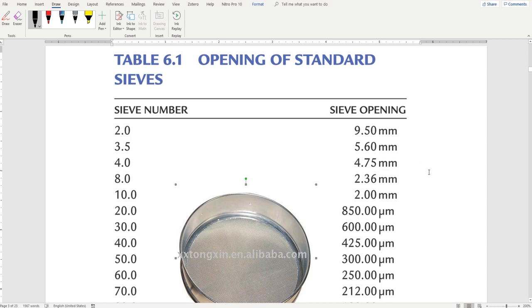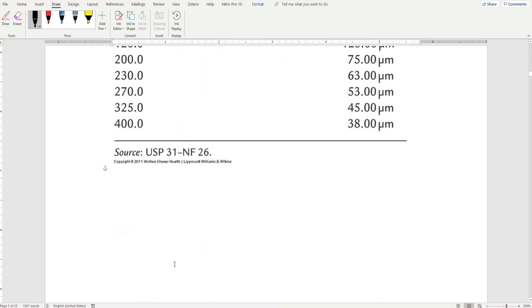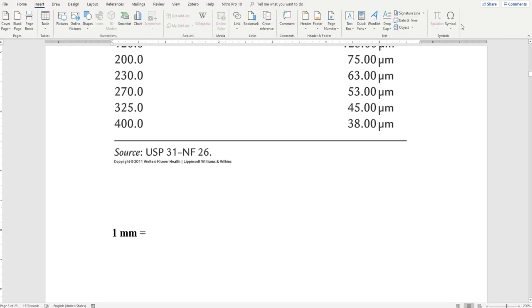Of course, here I am assuming that all of you know that each 1 millimeter is equal to how many micrometers? Does anybody know how many micrometers? Okay, each 1 millimeter is equal to 1000 micrometer.